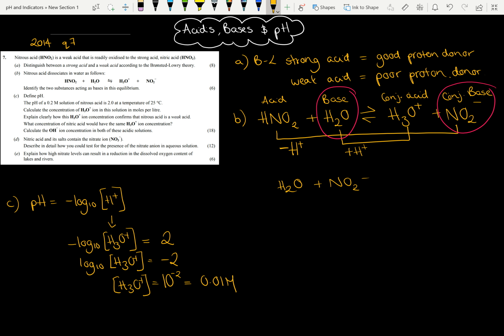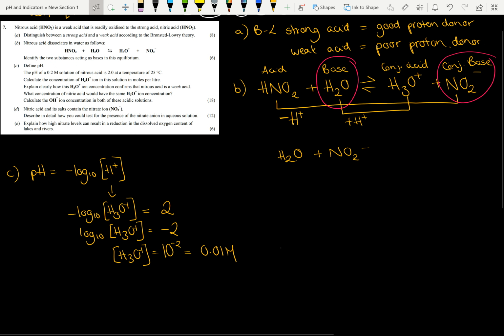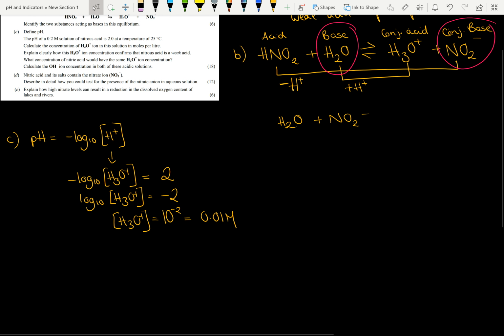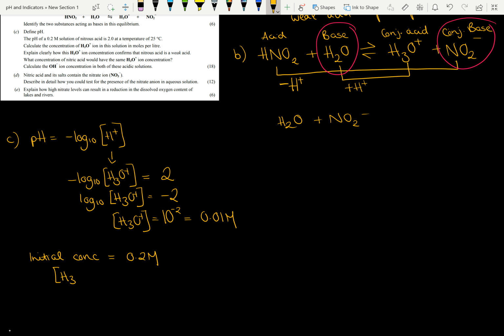Now they ask us to explain clearly how this H3O plus ion concentration confirms that nitrous acid is a weak acid. Well, if we have a look at the initial concentration that they tell us in the question, the initial concentration is 0.2 molar. And what we have just calculated is the hydronium ion concentration after dissociation, and it is less than the initial concentration.